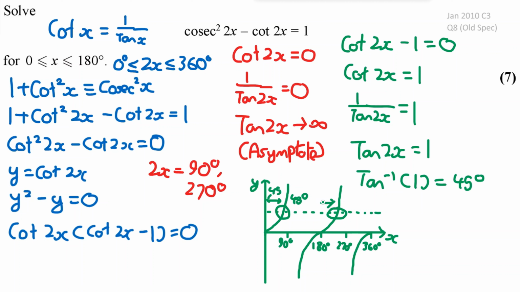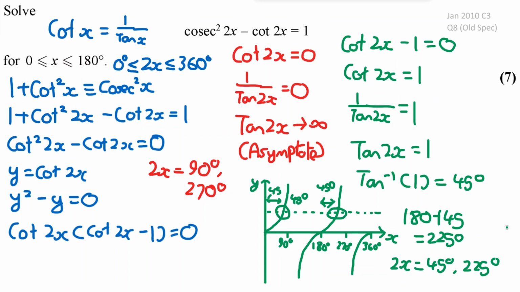So therefore the difference between 180 and this point is going to be 45 degrees. So therefore this point here is going to be 180 plus the 45 here, which is equal to 225 degrees. So 2x is equal to 45 degrees and 225 degrees.